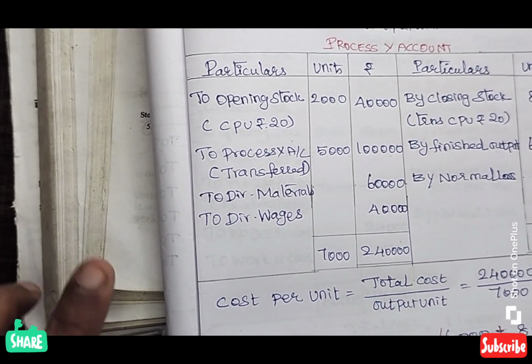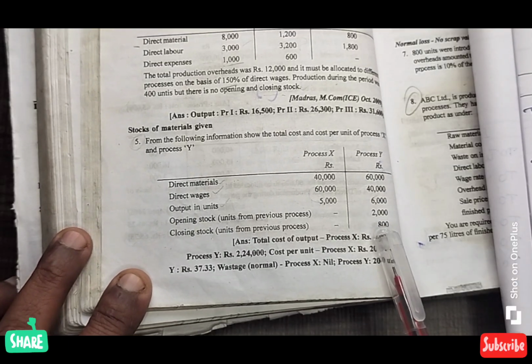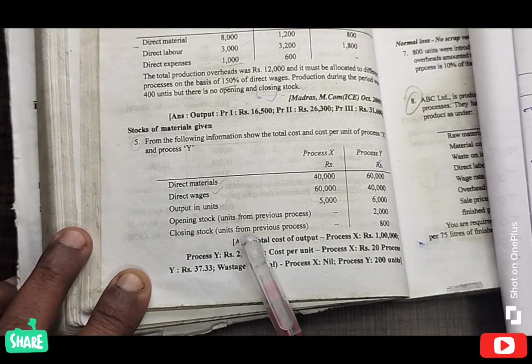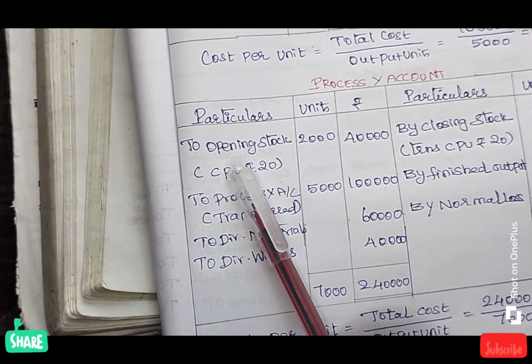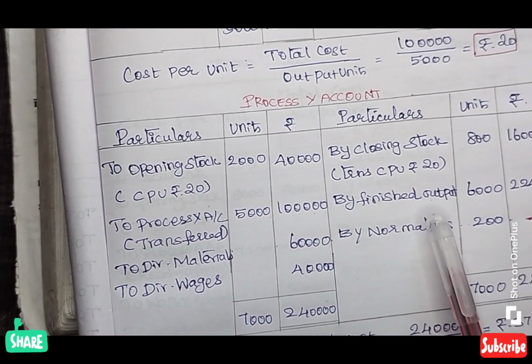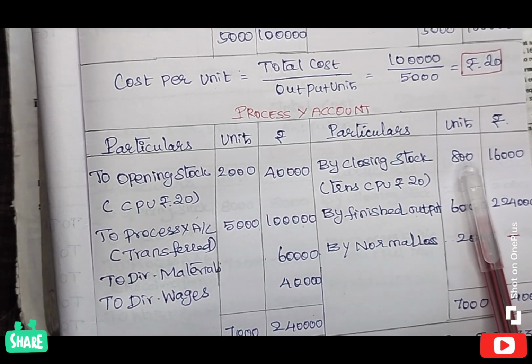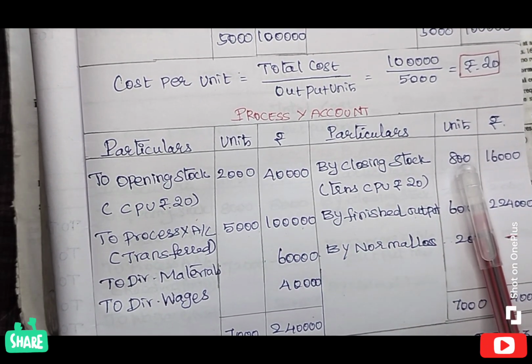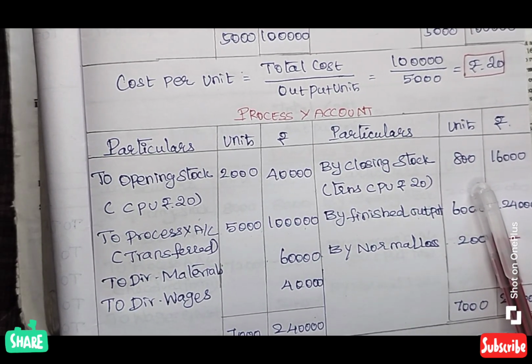Listen here carefully. If they have given the opening stock, they have also given the closing stock. So what is the closing stock unit? 800 units. Opening stock will be entered on the debit side at the beginning, and closing stock will be entered at the end of the credit side. The closing stock unit, 800, is entered in the unit column. So what is the rule, you know? Tell me.